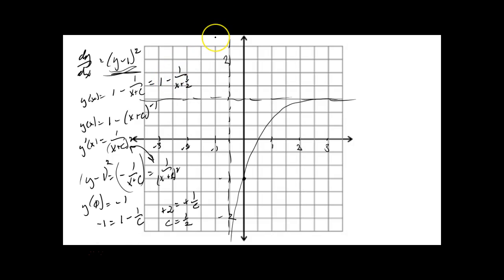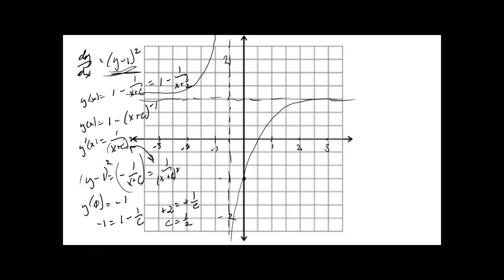Okay, but somewhere up here we've got our value. So that means it's doing something like this. I can't draw it completely because I can't get to that point, but that's what the function is doing. Again, it has to have a positive slope everywhere, has to approach a horizontal asymptote, vertical asymptote, and because the point -1, 3 is on it, you have to be going that way.